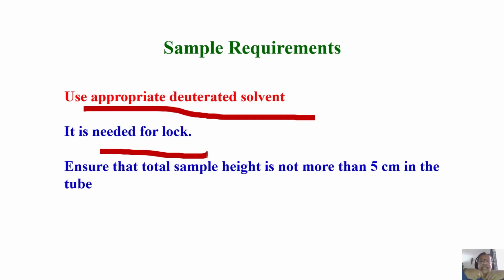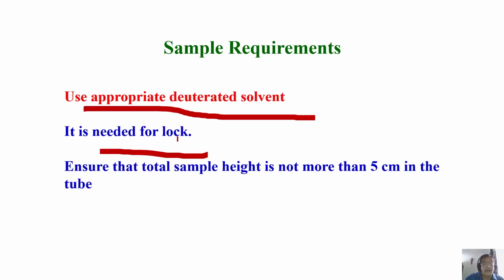Now, if you acquire the signal again for co-addition of the data, and by then the field has drifted, your resonance frequencies are different. So you will get broad peaks or distorted spectra. You will not get high resolution spectra.